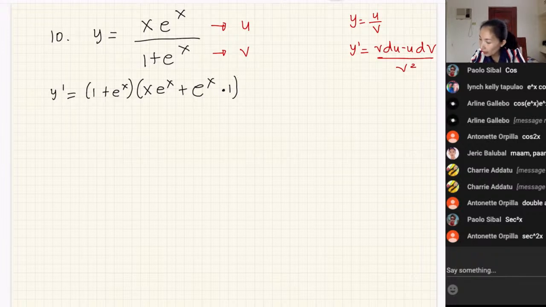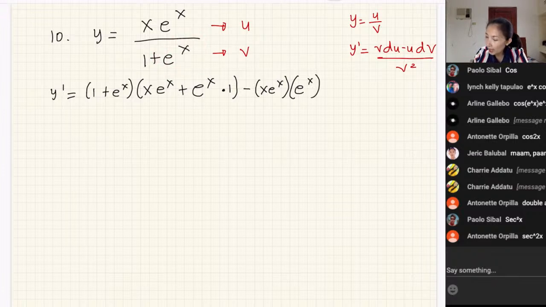This is our v du. Moving on. Minus u dv. U is this, so enclose it in a pair of parentheses, x e raised to x times dv, the derivative of the denominator. Derivative of 1 is 0, so I don't have to write that. And the derivative of e to the x is simply e raised to x.